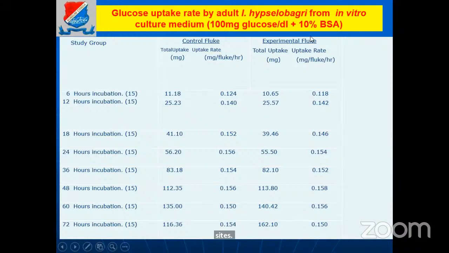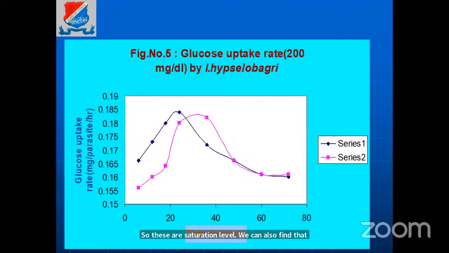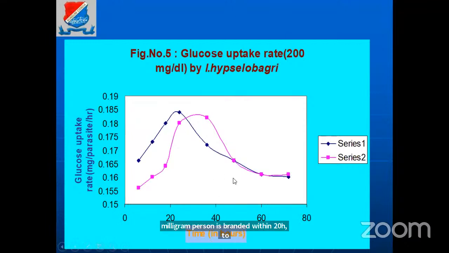So if we add 10% BSA, the rate of glucose uptake increases in this parasite. The same can be seen at 200 milligram percent. There is a saturation level: within 20 hours to 40 or 50 hours, much more glucose uptake takes place, and then it saturates.